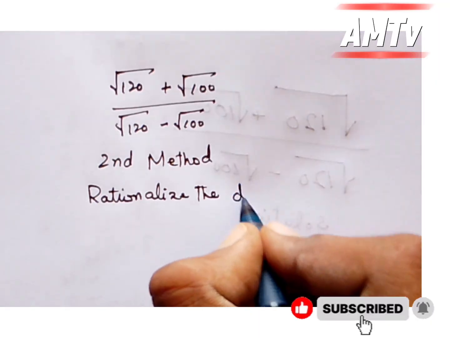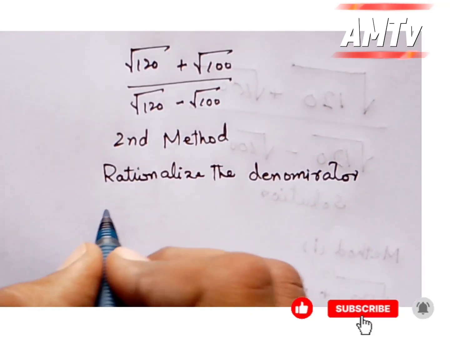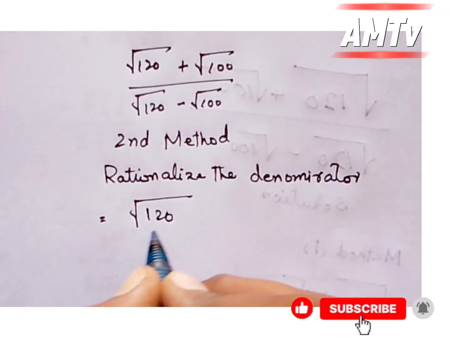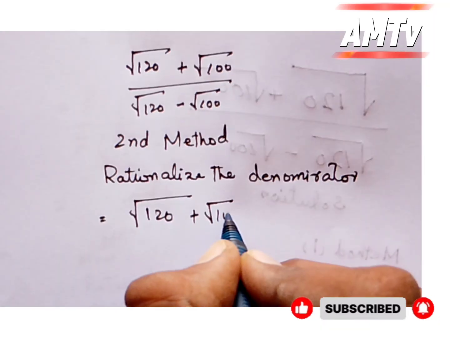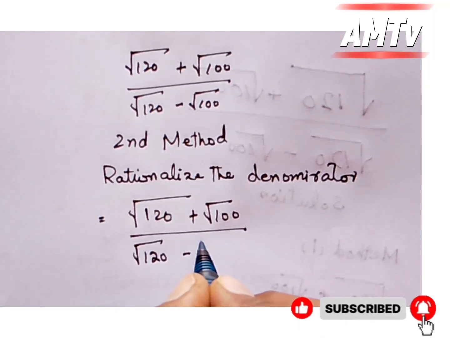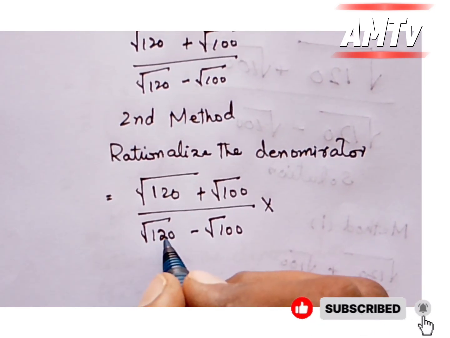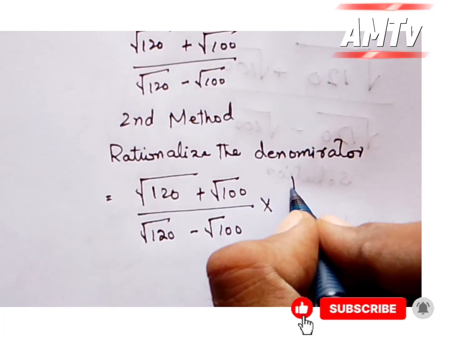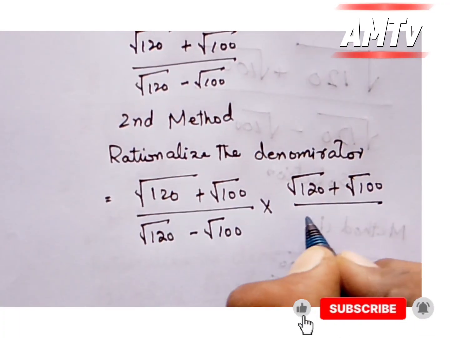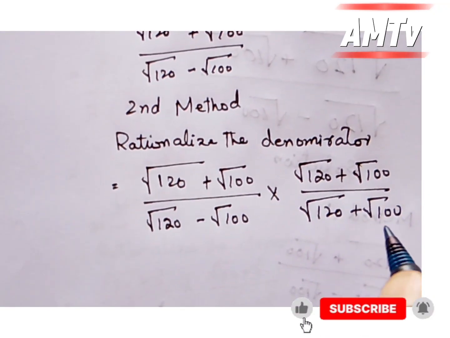Rationalize the denominator. So root 120 plus root 100 divided by root 120 minus root 100, multiplied and divided by root 120 plus root 100.